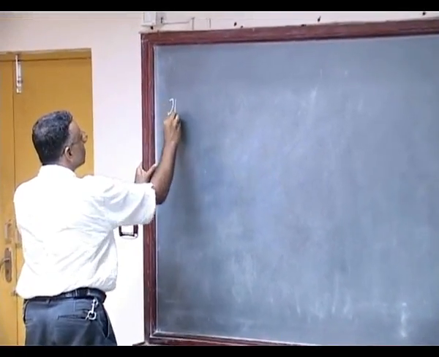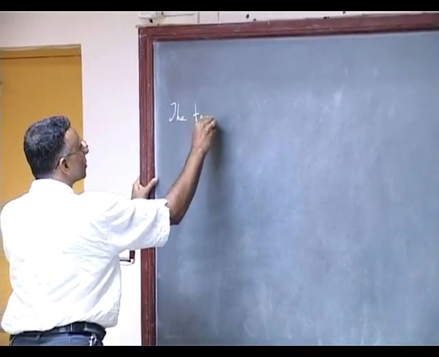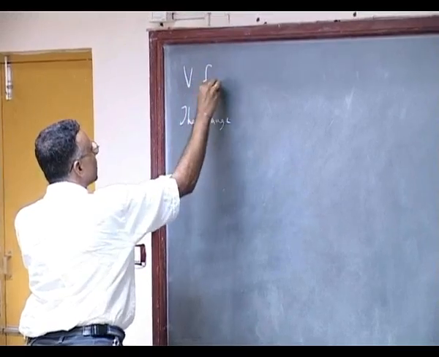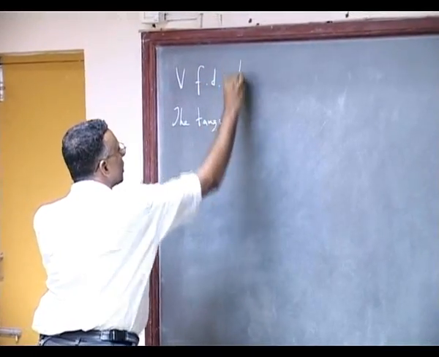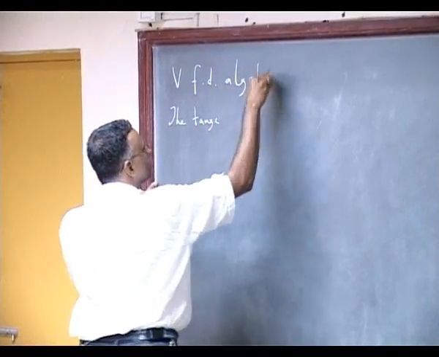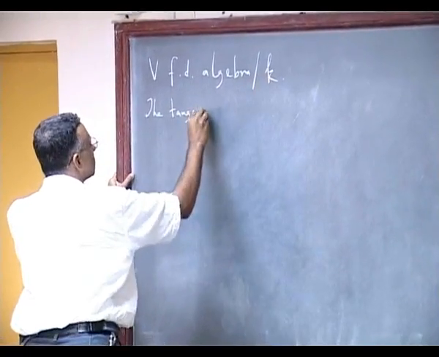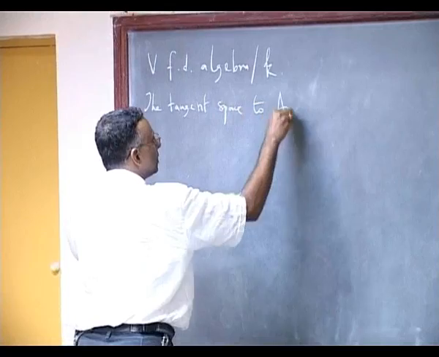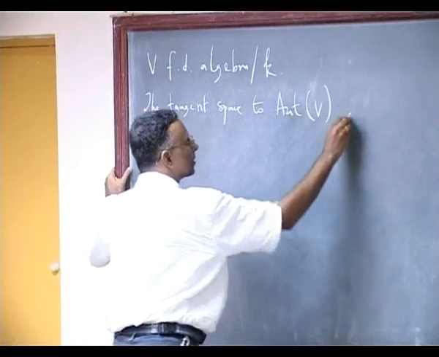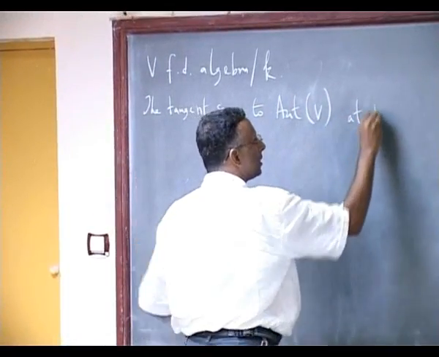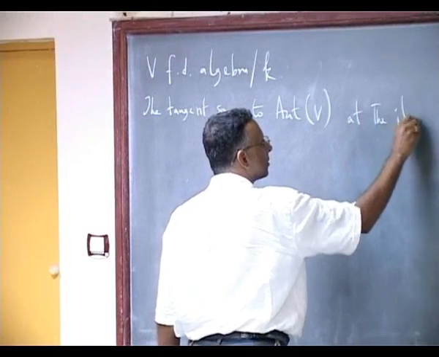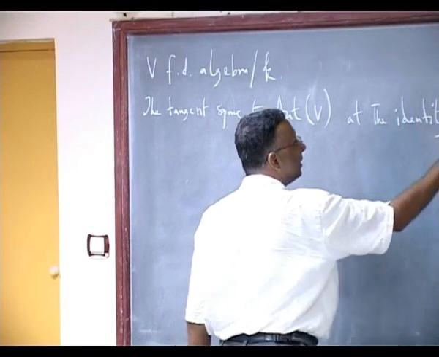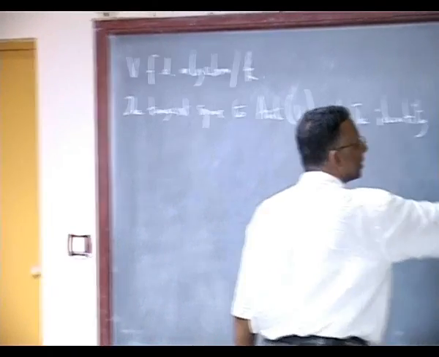So the tangent space, so V is a finite dimensional K algebra over a field K. The tangent space to Aut V at the identity is Der V.